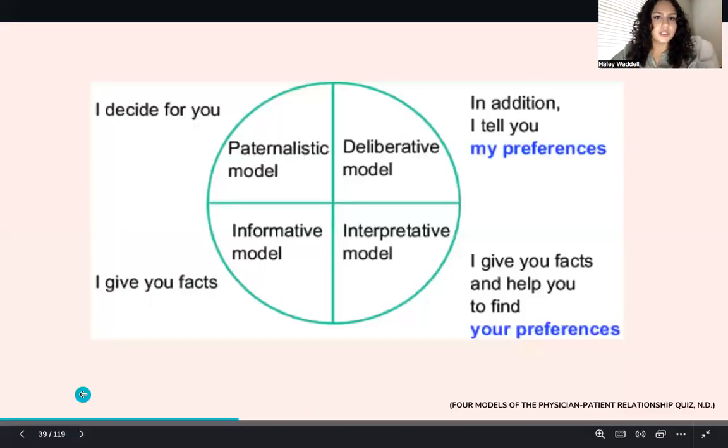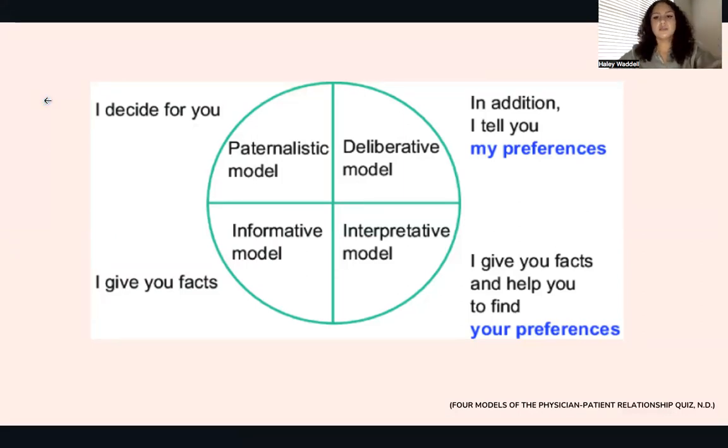Okay. So this is just a graph about the rundown of all four models that we just talked about. So yeah, paternalistic model, in terms of the physician or provider point of view: I the physician decide for you. Informative model, I the physician give you the facts for you to make a decision.